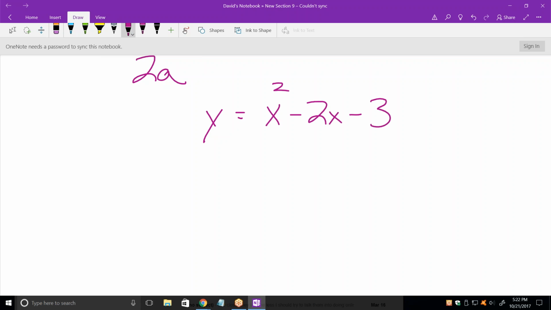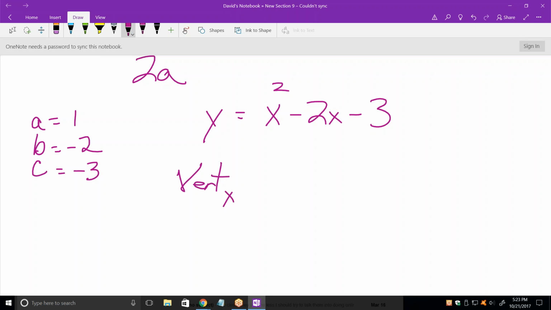The first thing you want to do with all of these is to find a, b, and c. So a is the coefficient in front of the x squared, so a is 1. B is the coefficient in front of the x, so negative 2. And negative 3 is c. Now, the vertex x coordinate, that's the way I write that.